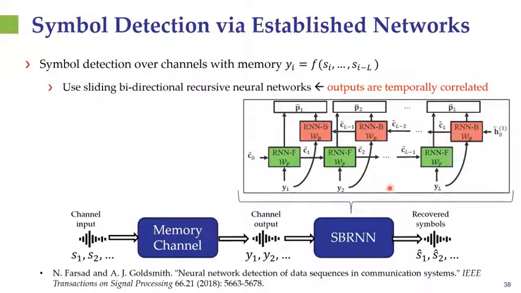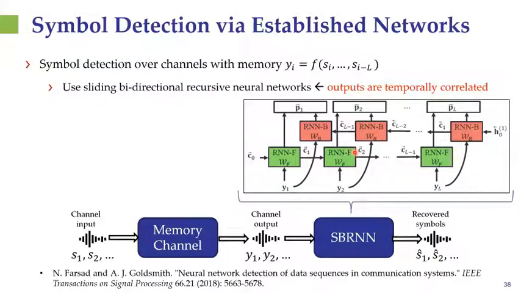And the rationale here stems from the fact that the maximum a posteriori probability detector for such channels actually implements a forward recursion and a backward recursion in order to recover its corresponding symbols. Now, I will specifically go into those forward and backward recursions later on when we speak about the BCJR algorithm. But let us at this point just say that the implementation of two-directional recursions which meet at each specific symbol allows one to implement the maximum a posteriori probability symbol detector, which is a symbol detector which minimizes the error probability.